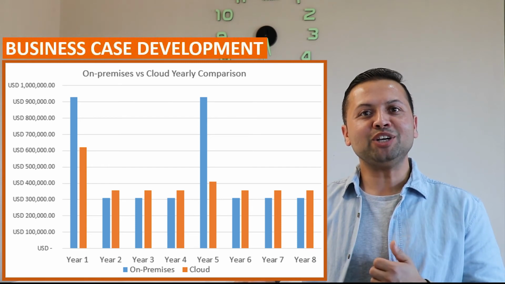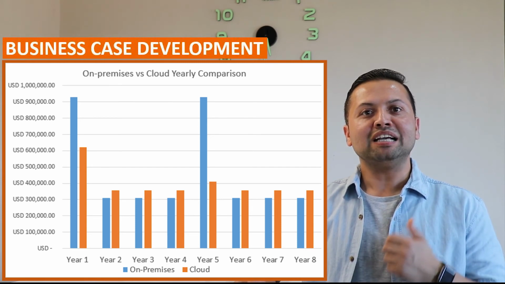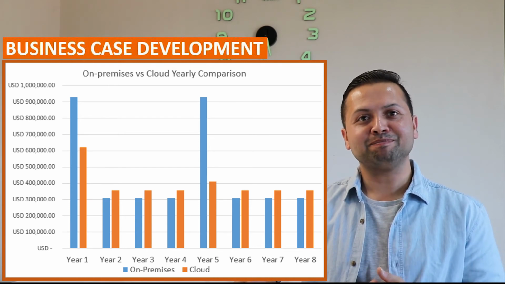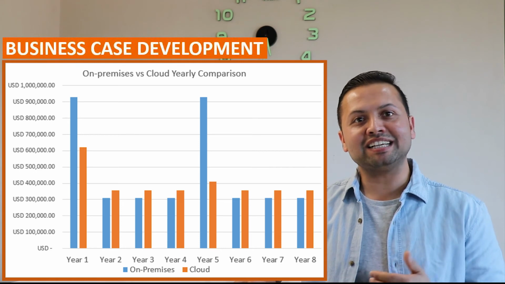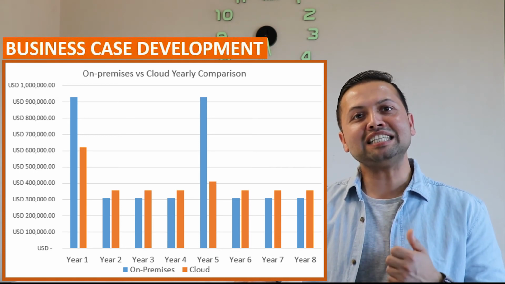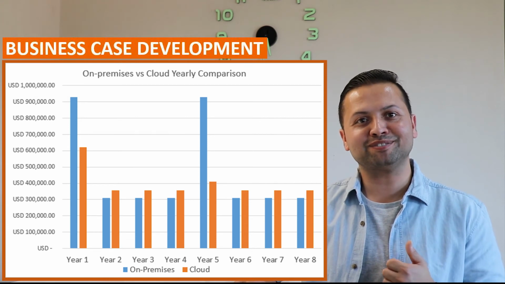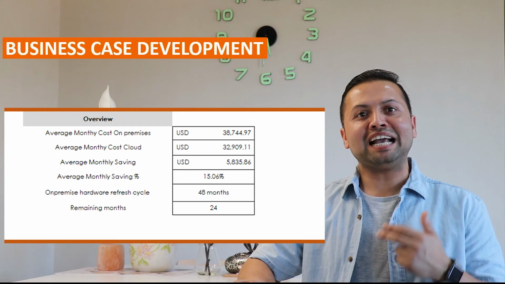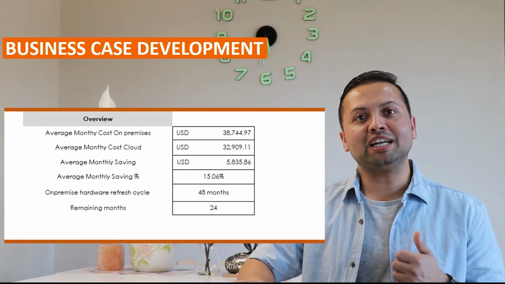Hence, the initial acquisition cost for the on-premise in year 1 and year 5 are relatively higher. However, in cloud context, year 1 is certainly higher than the following years as it has to deal with some cloud migration cost.